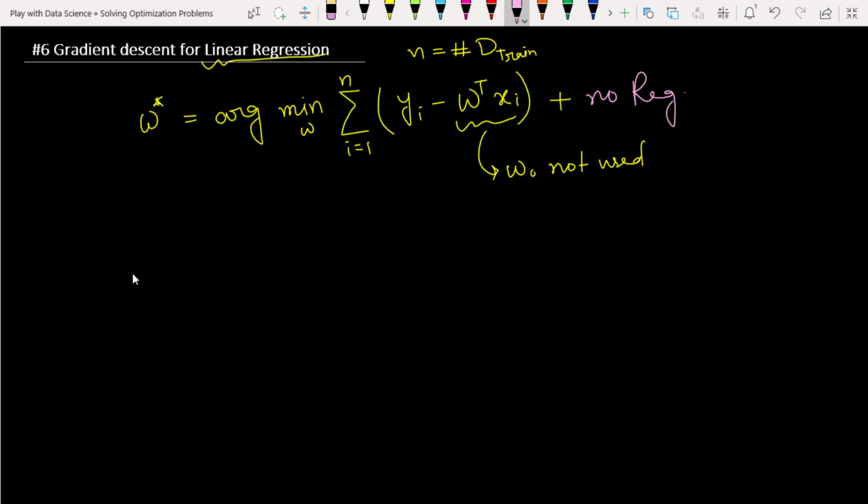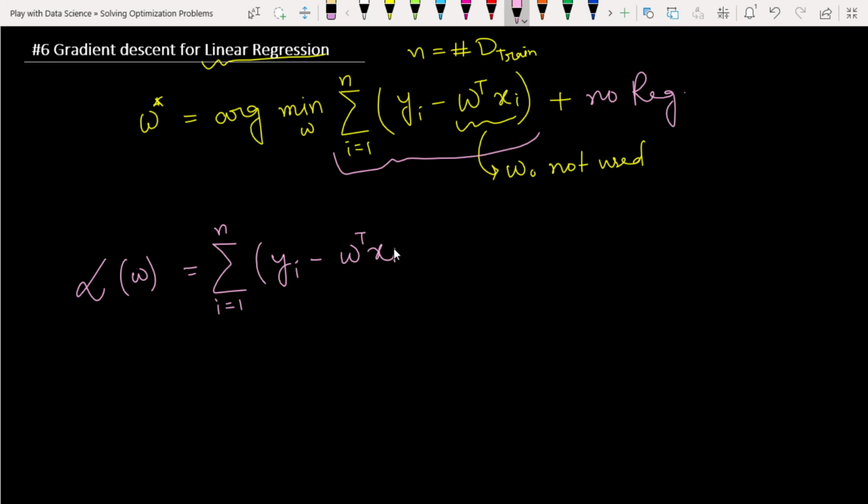Let's call this equation the loss function, L of W, which equals the summation from i equals 1 to n of (yi minus W transpose xi) whole squared. Why am I writing it as a function of W?